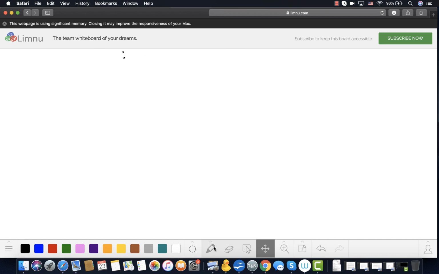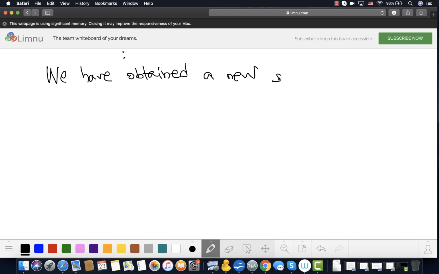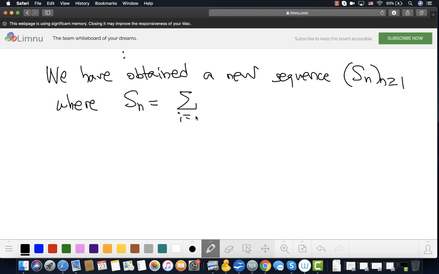Maybe just to reiterate, we have obtained a new sequence which I've denoted by S sub n, where the nth term of this new sequence is summing up the first n terms of the original sequence.